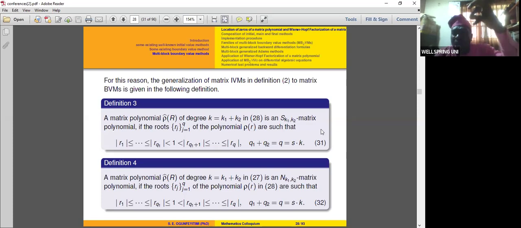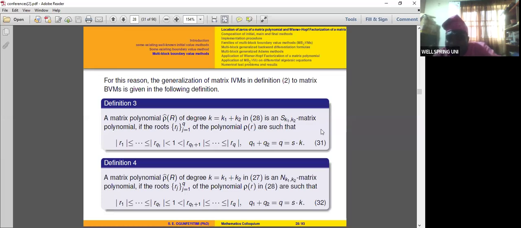That is to say, we have some roots inside the unit circle and some roots outside the unit circle. For SK1, K2, we are talking of the Schur matrix polynomial for the boundary value method here. The roots must satisfy the condition in 31. If you watch that condition in 31, you observe that there is no root.